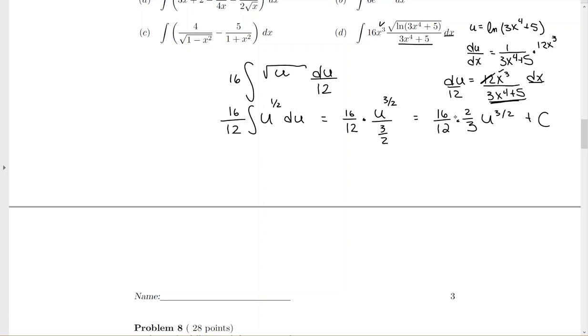So this can all be simplified down. 16/12 is 4/3 times 2/3, and the natural log of 3x to the fourth plus 5 plus c, and then go ahead and multiply those two things together.